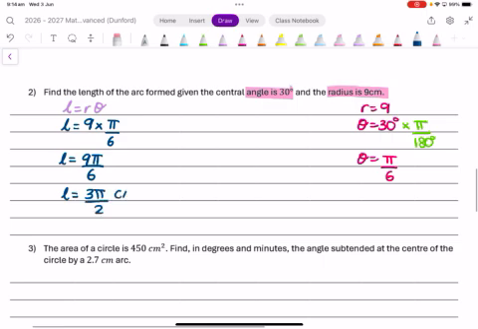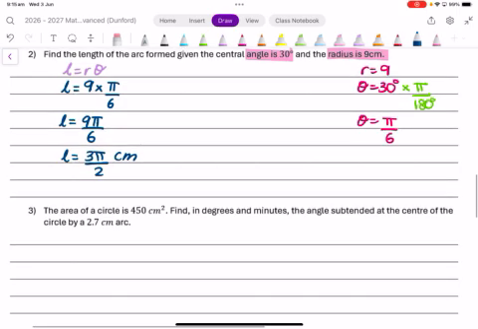And we need to make sure that we include our units with our centimetres. So if you have the new calculator, you could have just gone 9 times pi on 6 straight away, and it will simplify it down to 3 pi on 2. If you don't have the new calculator, you could have just gone 9 on 6 and then put your pi with your numerator to simplify it straight away. Any questions with that first one?